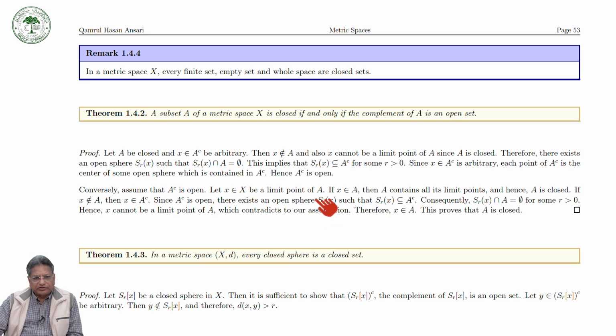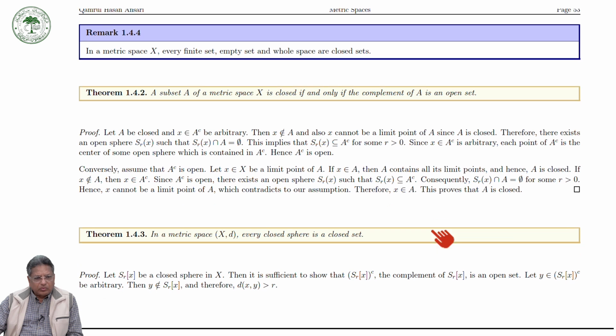So there exists an open sphere S_r(x) contained in the complement of A. It means that the intersection of the open sphere S_r(x) and A must be empty for some r greater than 0. Hence x cannot be a limit point of A, which contradicts our supposition that x is a limit point of A. So what we assumed is not true, x must be in A, and this proves that A is closed.